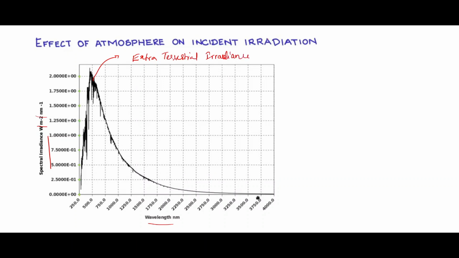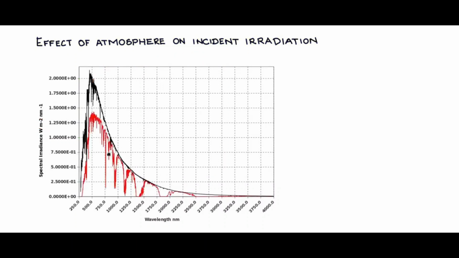Now if you consider the behavior of this irradiance with the effect of Earth's atmosphere, it will look like this. The red color curve is indicating the effect on solar irradiance due to Earth's atmosphere.